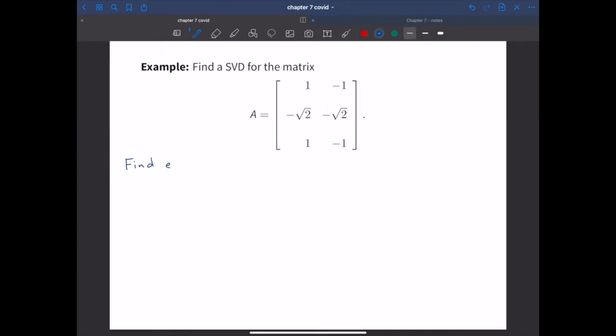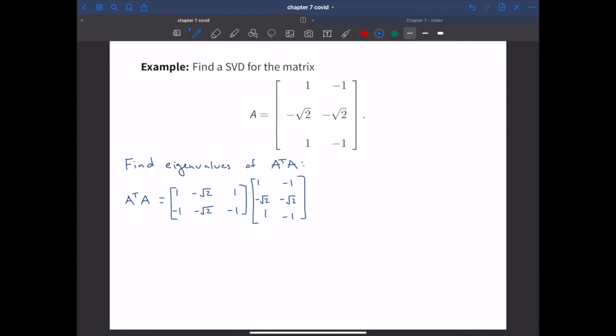So we're going to find the eigenvalues of A transpose A. A transpose A will be [1, negative rad 2, 1; negative 1, negative rad 2, negative 1] times A, which is [1, negative 1; negative rad 2, negative rad 2; 1, negative 1].